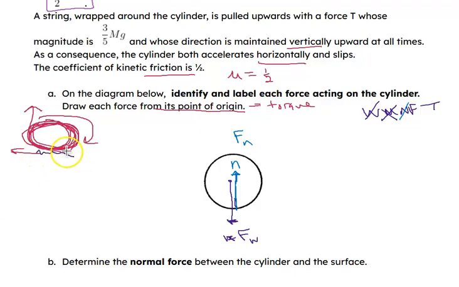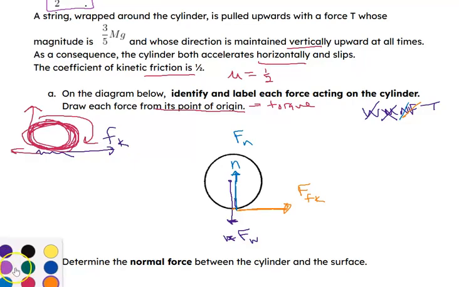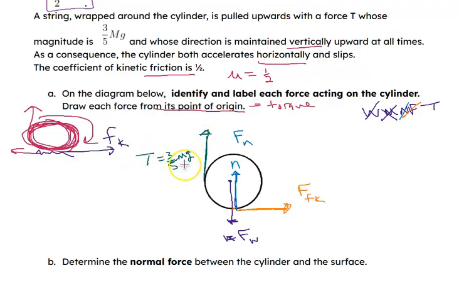It's going to catch on the nooks and crannies below, and that's going to cause, in this case, kinetic friction to the right. The point of contact is the point of contact with the ground. So this is the force of kinetic friction. And there is tension, and they told you what the tension was. It was 3/5 mg. The hardest part there was the direction of friction.